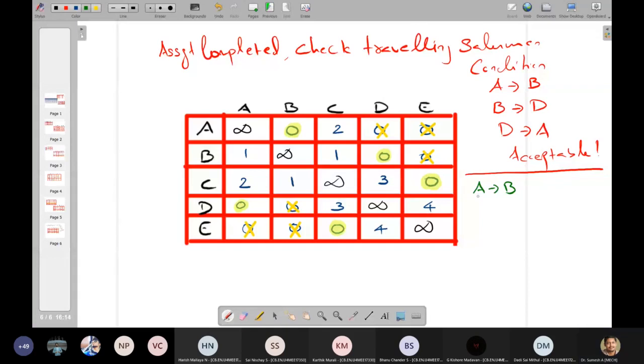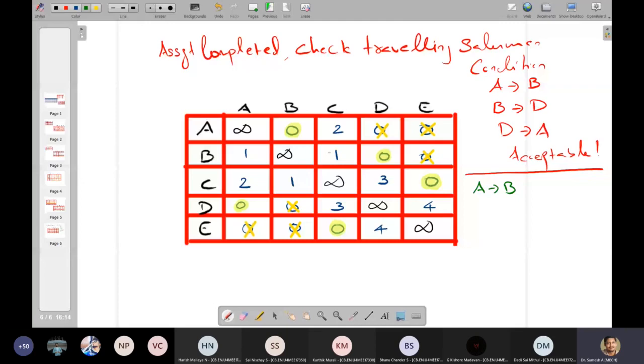Then so 1 is lying only in this B and C. So if I try to take it further, A to B may not work out.